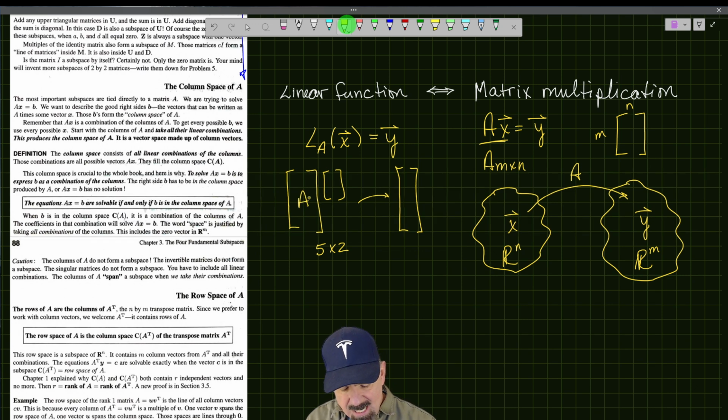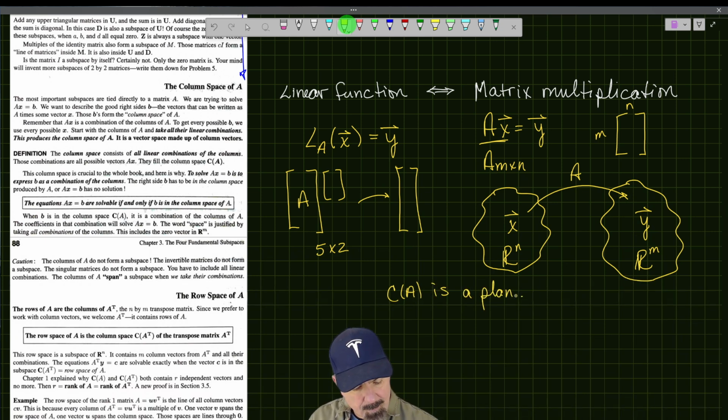So for this matrix A, the column space of A is a plane in R5. And again, that's with the assumption that the columns are linearly independent. I have two columns and they're not a repetition of one another. So the reason this is important is this now gets to subspace.